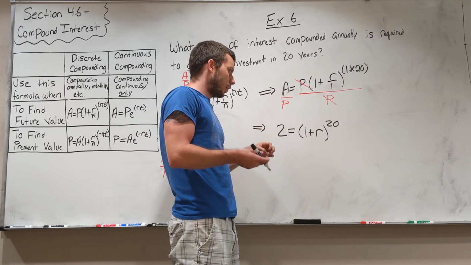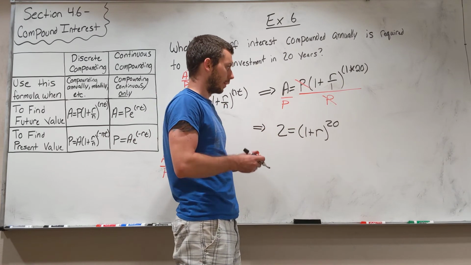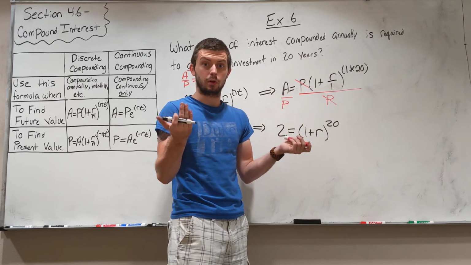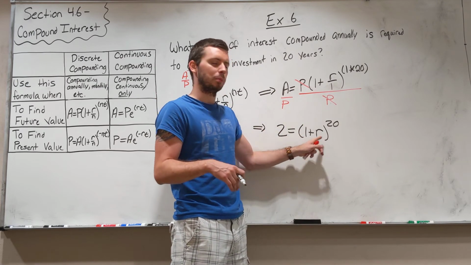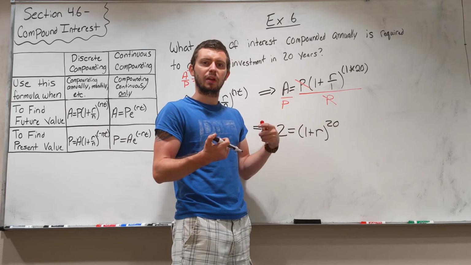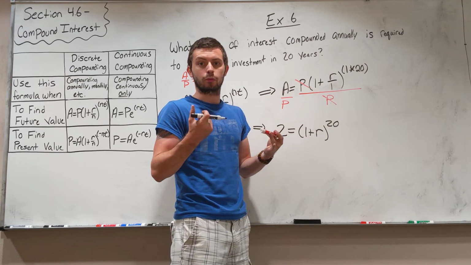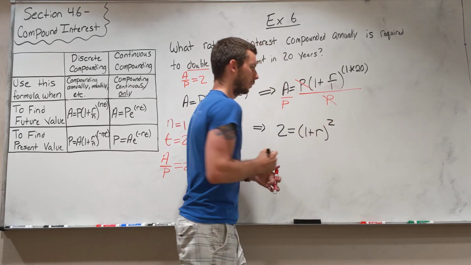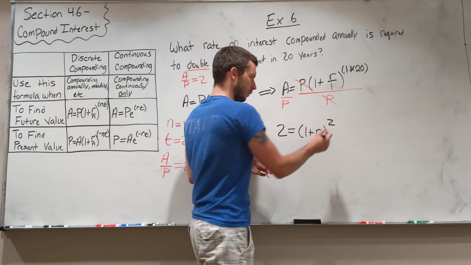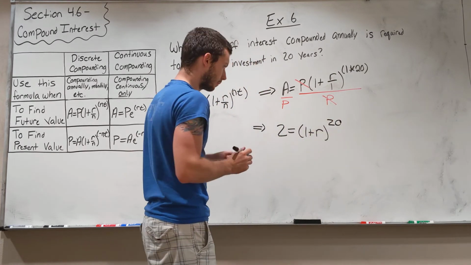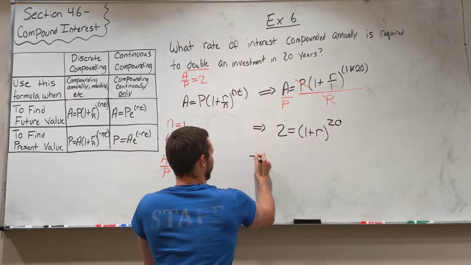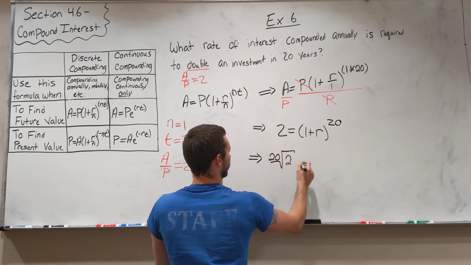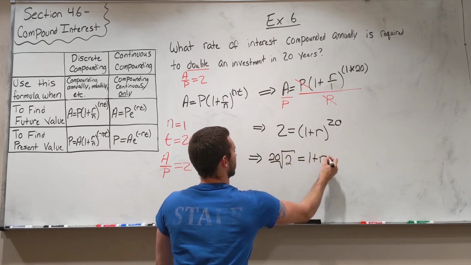So one thing we can do is we don't have to use the natural log here, because the variable is not in the exponent. Instead, we can take the 20th root. So if this was (1 + r) squared, we could take the square root on both sides. Instead, it's the 20th root. So here, we're taking the 20th root. The 20th root of 2 is equal to 1 plus r.